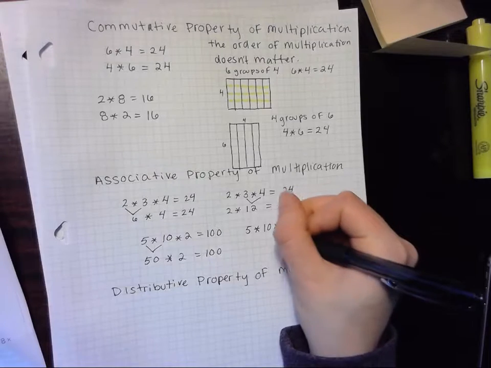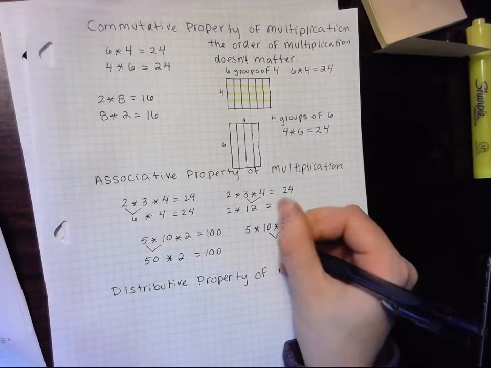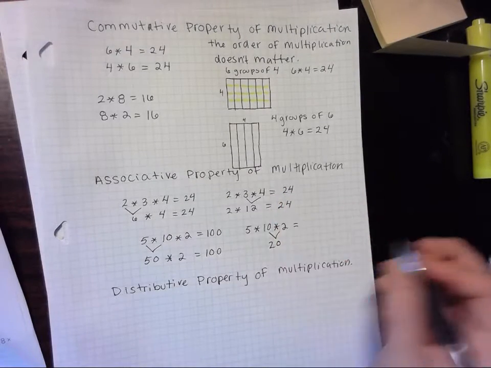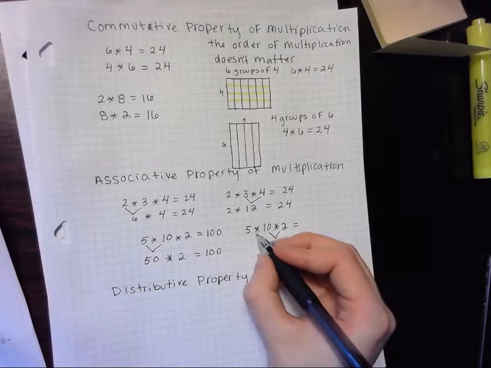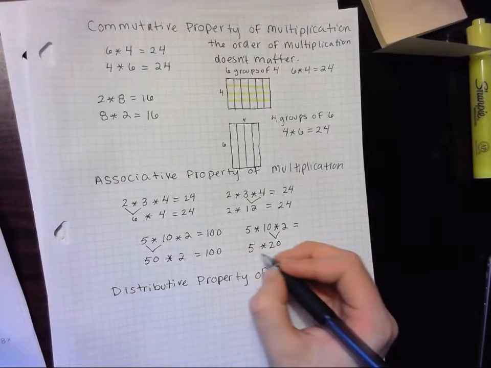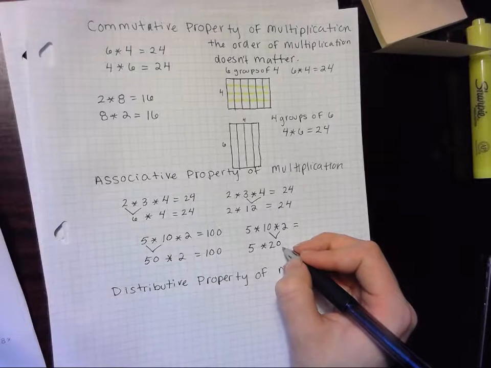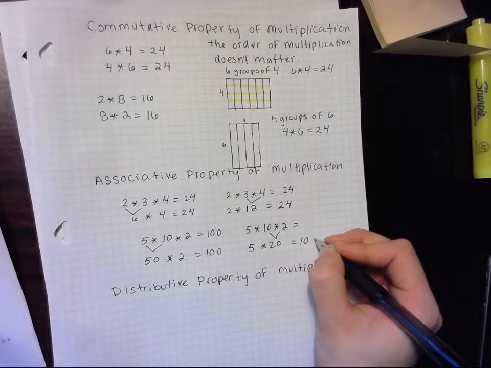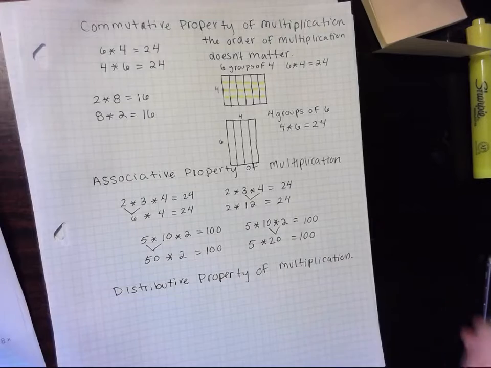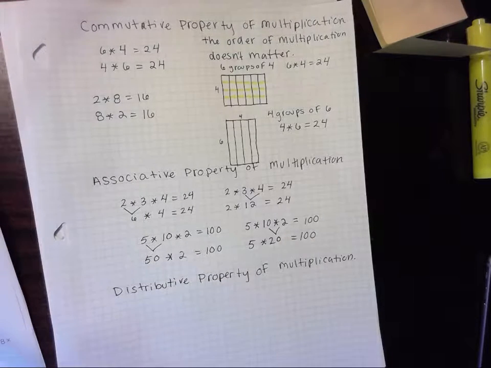We could do 10 times 2. What's 10 times 2? It's 20. And then we multiply it by this number we haven't used yet, which is 5. 5 times 20 is 100.